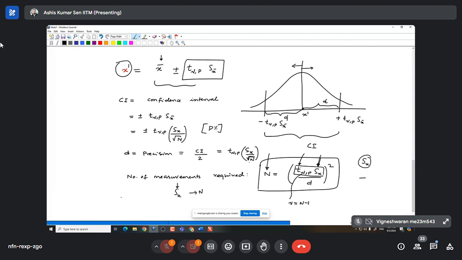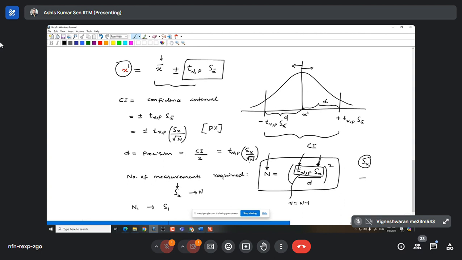So what you really need to do is, let's say initially you do n1 measurements, and then you find the standard deviation s1.